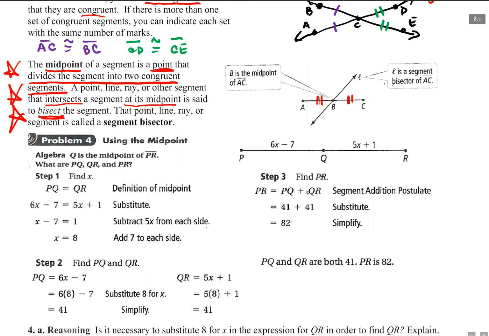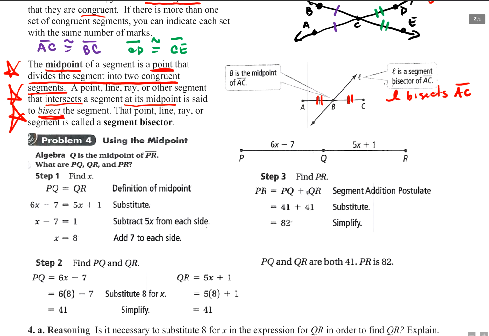If we say that line L bisects segment AC, I go and mark them congruent. Okay?